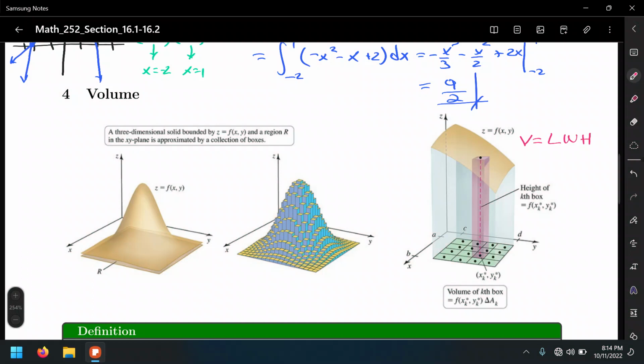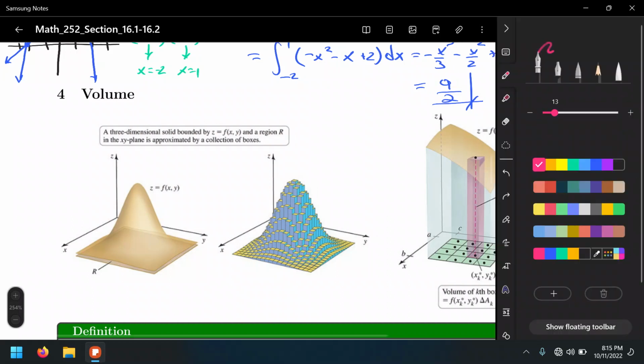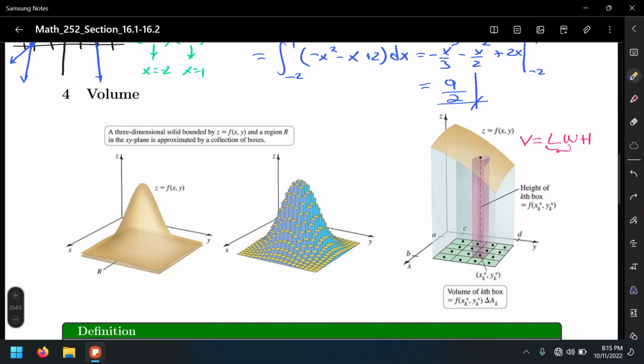That's the volume of a box. In this case, what do we have for the length times width? That's like finding the area of the base. So we're going to go about the area of the base first.